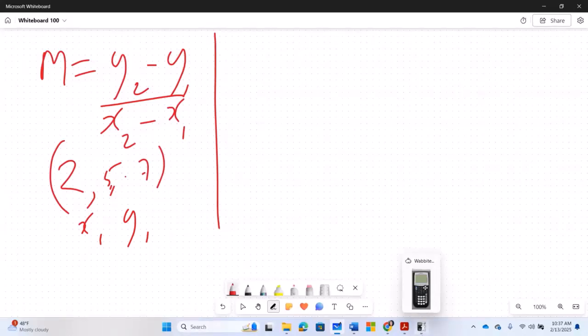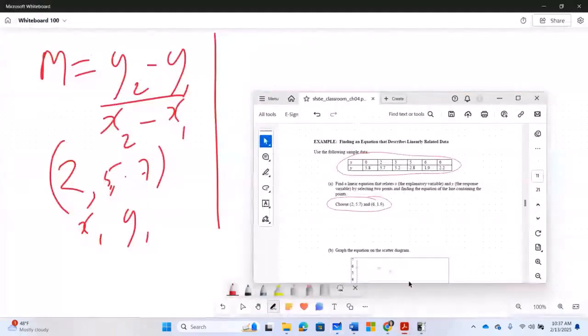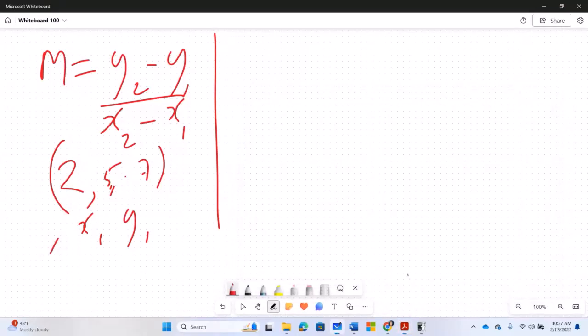And the next point given to me is (6, 1.9). And I'll call this x2, y2. So now I'm ready to find the slope.